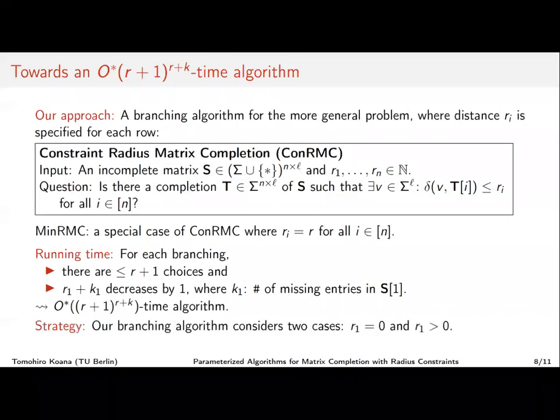So we consider two cases. The first case is when R1 is equal to 0, and the other case is when R1 is positive. Let's start with the R1 equal to 0 case.